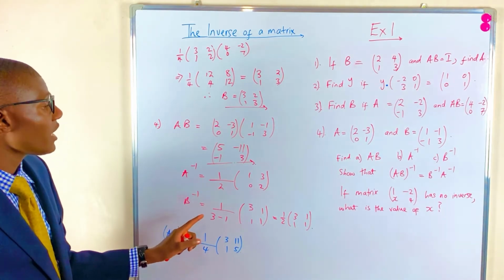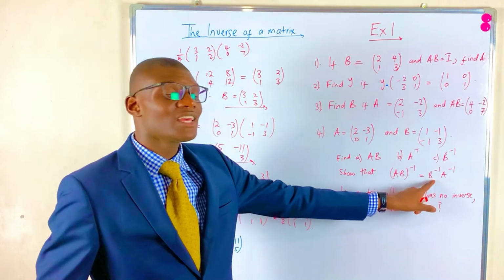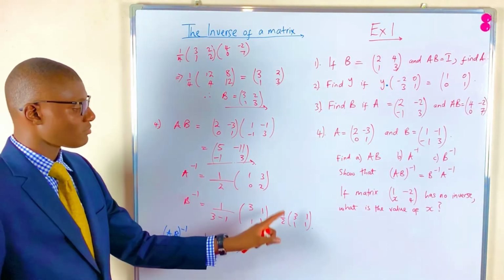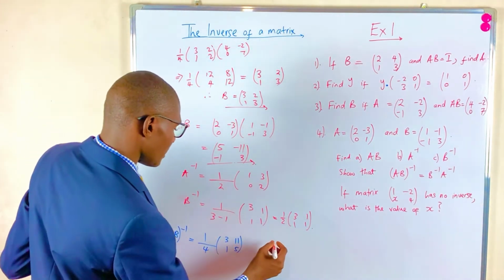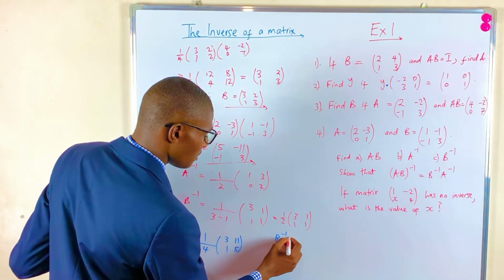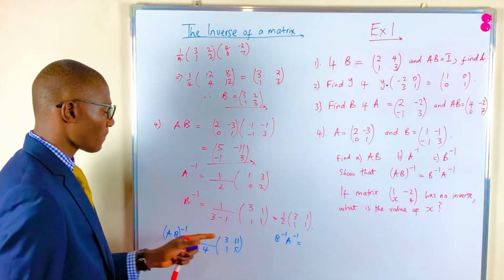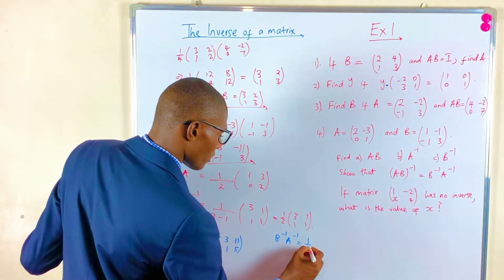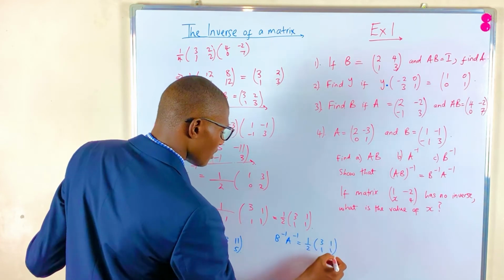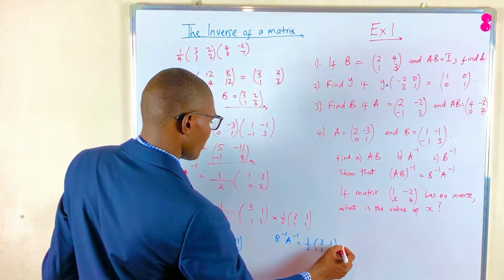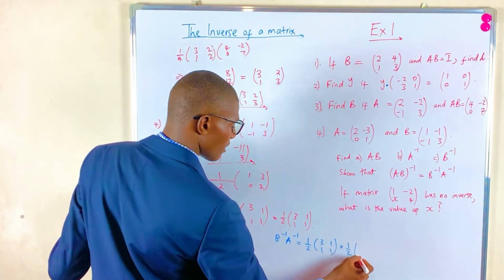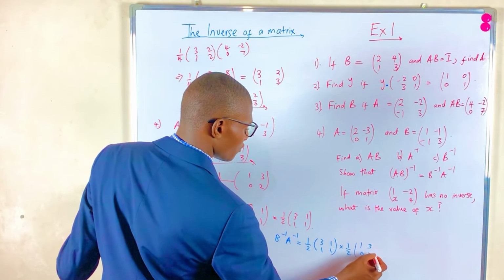Now what's the product of the inverse of B and the inverse of A? I'm simply multiplying these two: the inverse of B multiplied by the inverse of A. This is 1 over 2 times [3, 1; 1, 1], multiplied by 1 over 2 times the inverse of A, [1, 3; 0, 2].